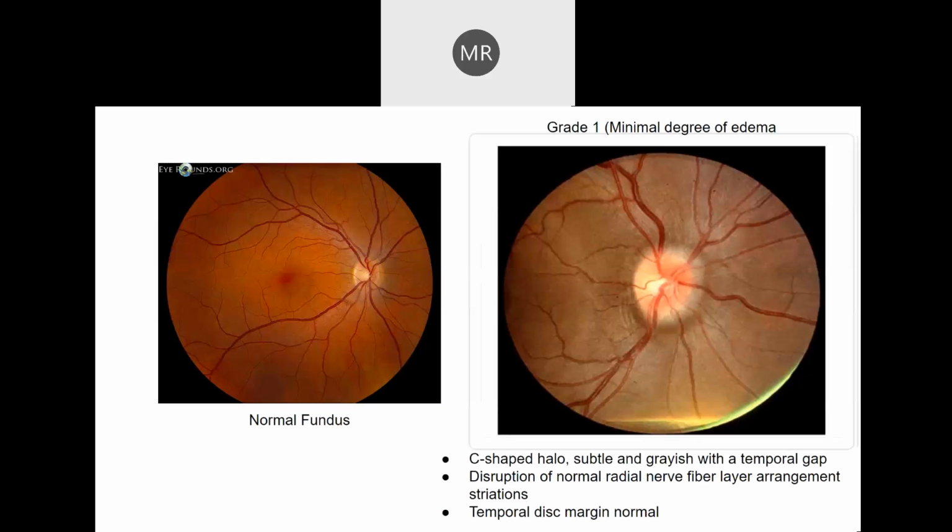So next, please. As you see from the left, that's the normal fundus. As we all know, if you see a fundus picture, you need to describe it. You look at the optic disc and the optic cup. The optic disc must have a well-defined margin, and the cup to disc ratio is about 0.3 to 0.4.